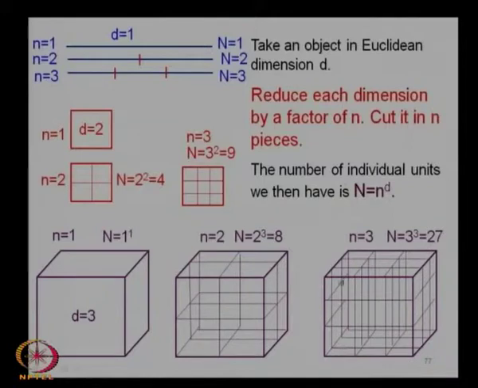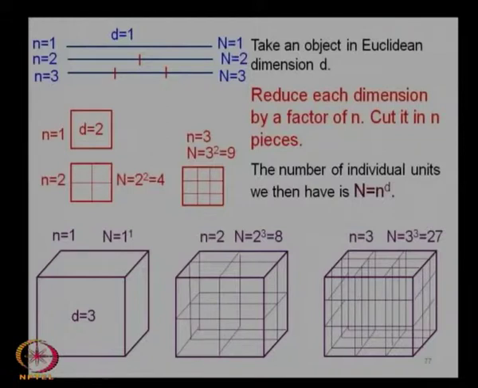The number of self similar pieces that you get in this case will be 9 at each level, and there are 3 layers of those. So you will get 9 into 3, or 3 cube essentially. So you get 3 into 3 to the power 2, which is 27 self similar identical pieces.